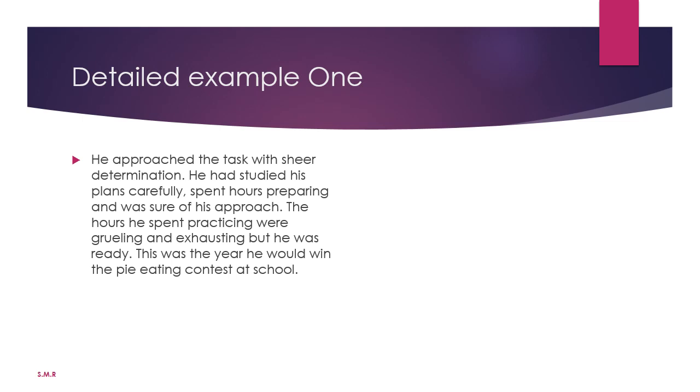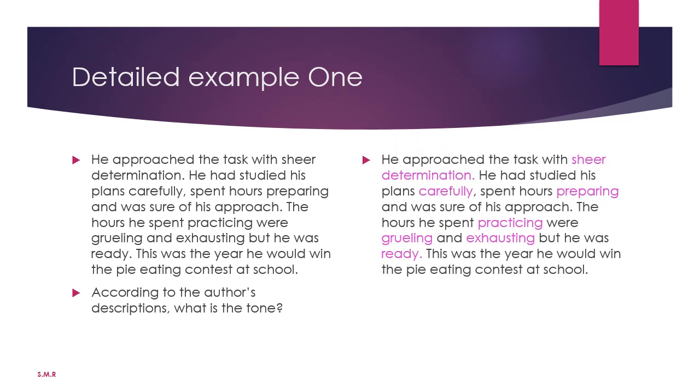As we said, in order to distinguish which tone the writer used, we have to be careful about the diction used, okay? So, according to the author's description, what is the tone of this text? We have to come back to this and start highlighting the words he used. He used sheer determination.